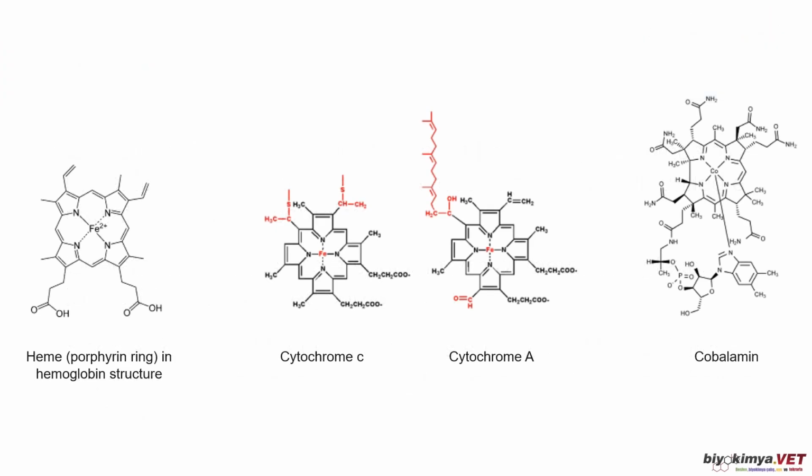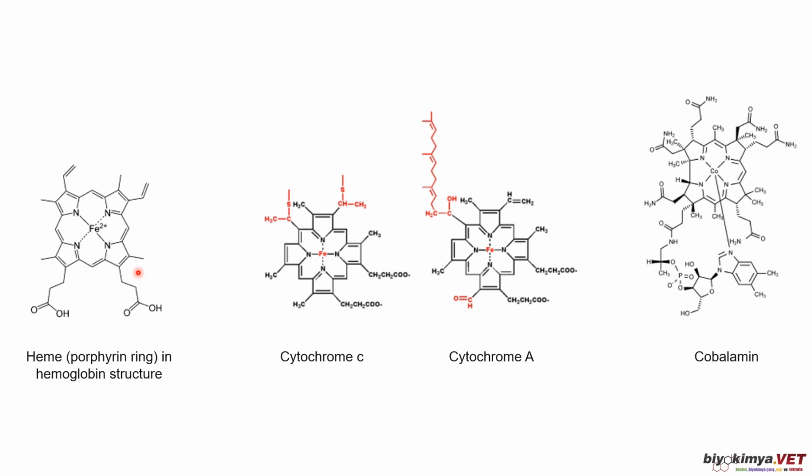And here you see the popular and critical components of life which carry metal complex structures. Here you see the heme, which has a porphyrin ring, and this is a part of the hemoglobin structure, in which the iron binds oxygen.